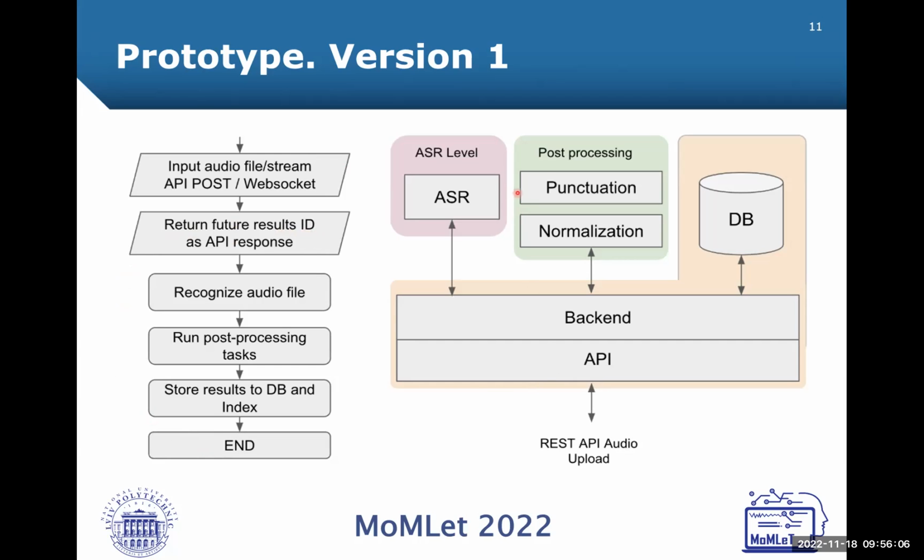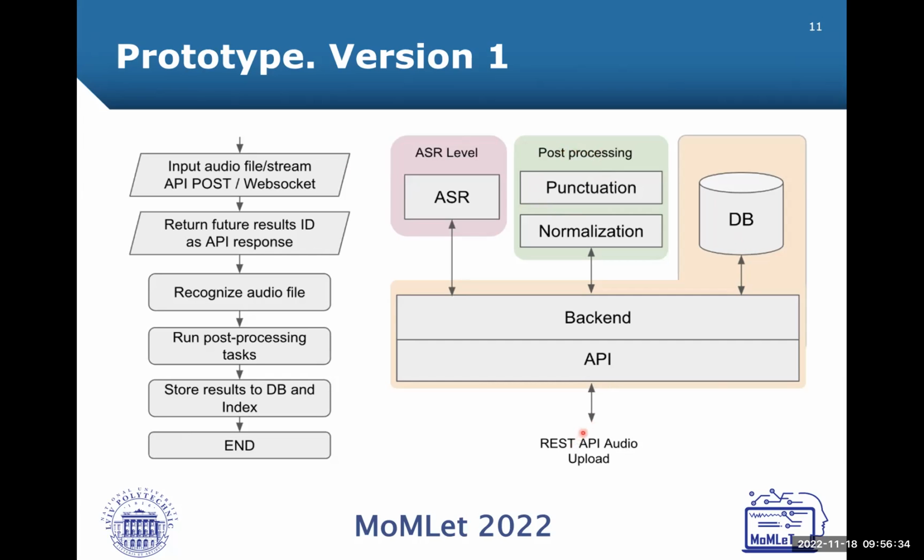How it works on the component level: we have API and backend sides. For the prototype, we have a more detailed framework selection for backend and API in the paper. This is the FastAPI framework, very flexible and very easy to build an API on. We have the ASR level, we have the post-processing level, and we have the database.